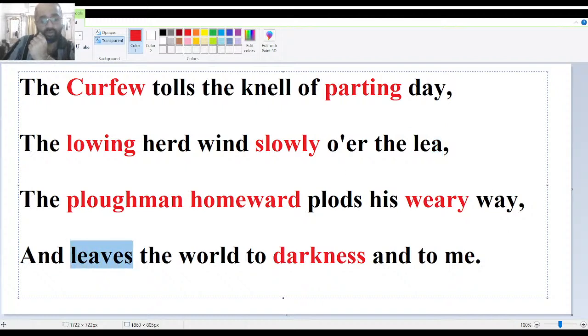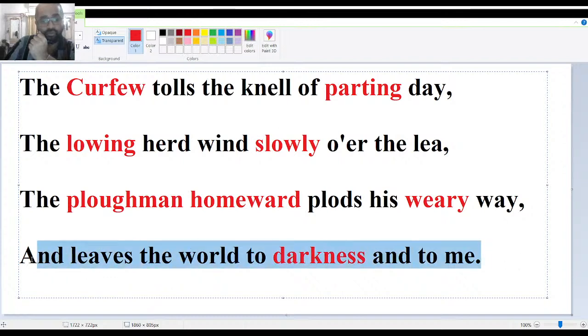The word leaves, for example, contains several vowels, as you can see, but it contains just one sound. It's leaves. Okay, so that is something that you have to keep in mind while scanning poetic passages. You miss a syllable here, and then the whole structure, the rhythmic structure, falls apart.